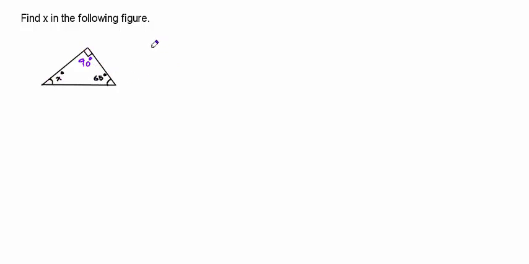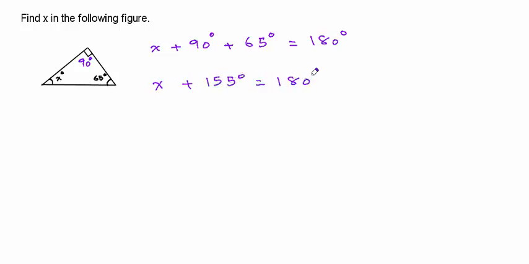So we could say X plus 90 degrees plus 65 degrees is equal to 180 degrees, or in other words, X plus 155 degrees is equal to 180 degrees, and therefore X is equal to 180 degrees minus 155 degrees, which is equal to 25 degrees.